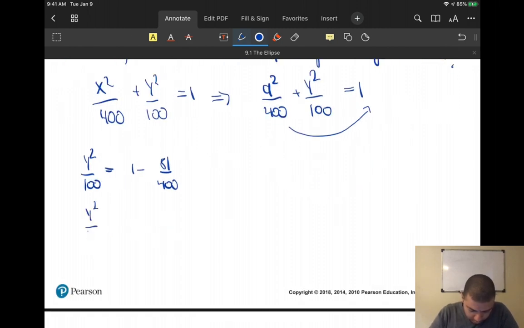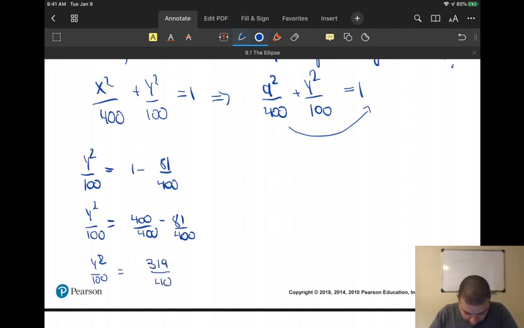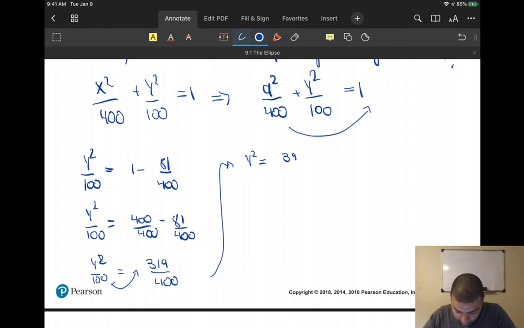That's 400 divided by 400 minus 36 over 400, which is 364 over 400. Now I multiply by 100, so I get y squared equal to 364 over 4. So y equals the square root of 364 over 4.